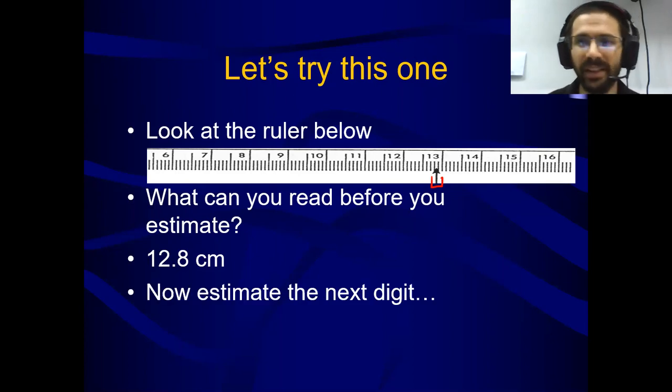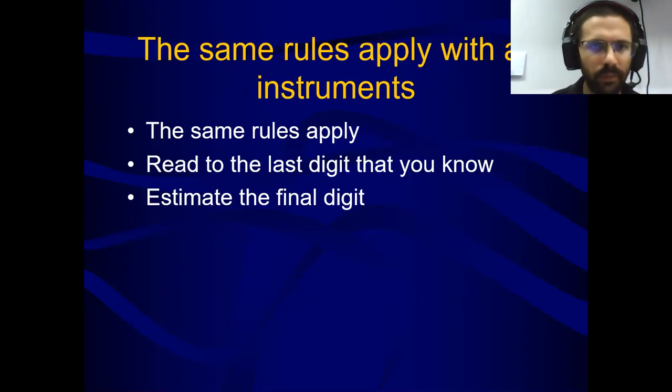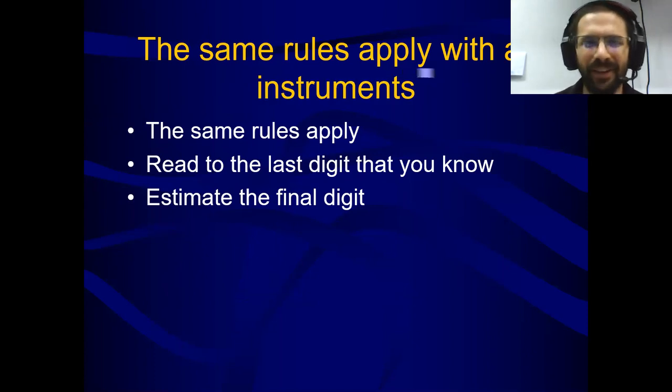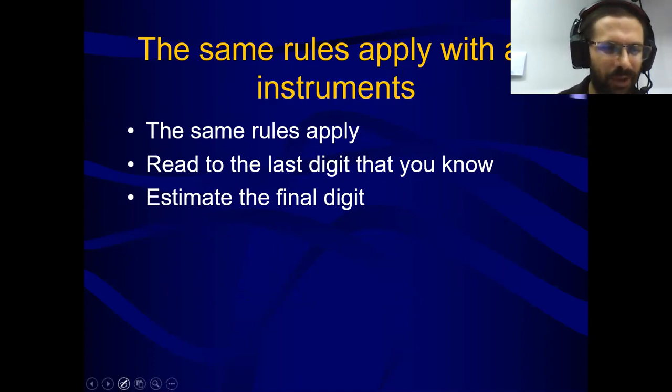So we're going to estimate the next digit or number. And when we estimate it, it is 12.85. So we give it that extra one to account for the precision in our ruler. The same rules apply with all instruments, and different instruments, like we just talked about.